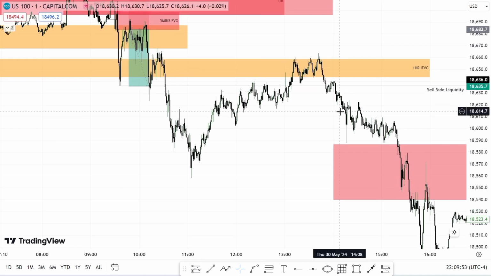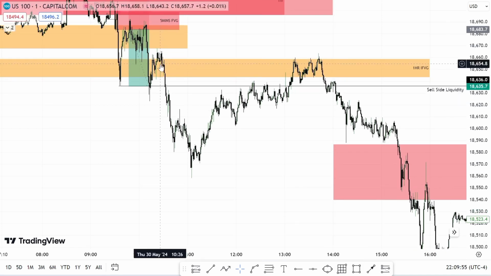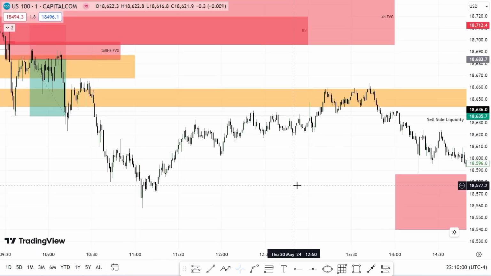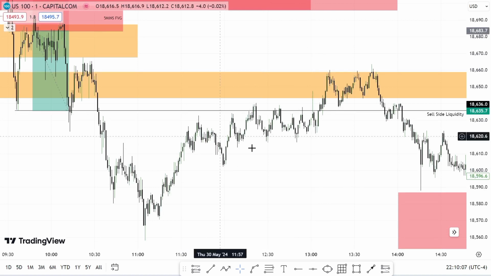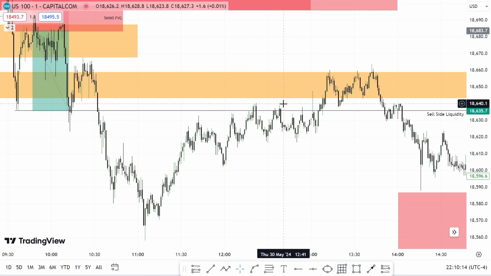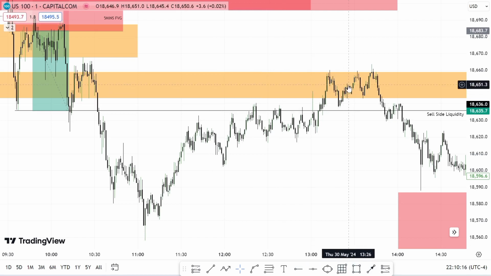So coming here, you see how we have these highs really jagged here. These highs here are really jagged. So you can trust that, because you'll be seeing a higher high, lower, higher low, higher high, lower low. But at this point here, we've taken a buy side liquidity, a whole lot of buy side liquidity here.